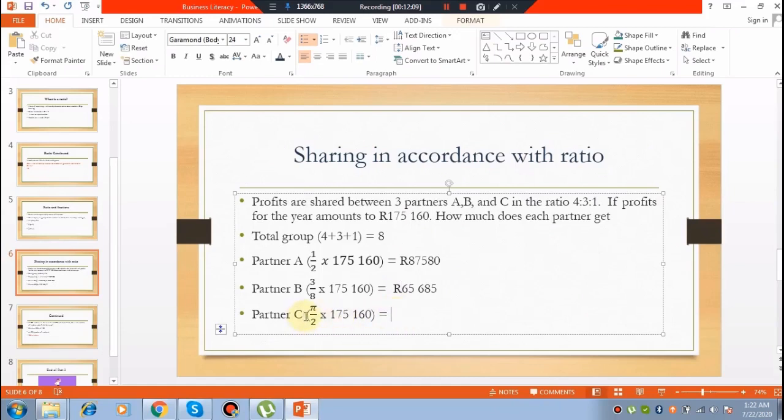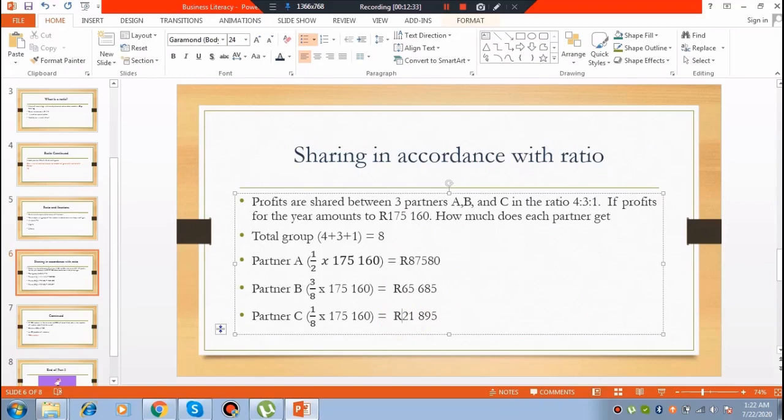So what is next? Partner C is getting the least of it, 1 over 8. So 175,160 divided by 8, times 1, to get 21,895. That is your amount.